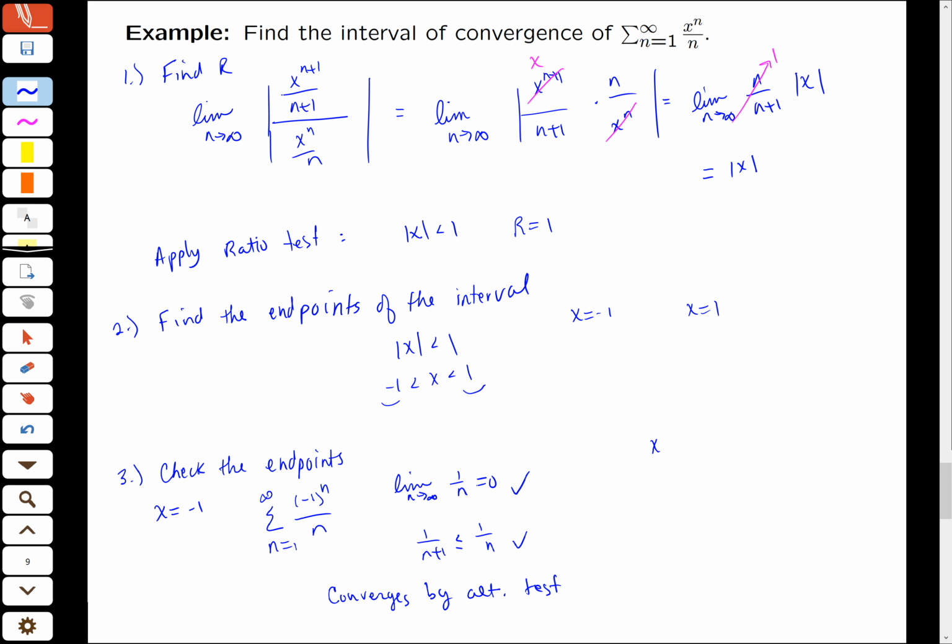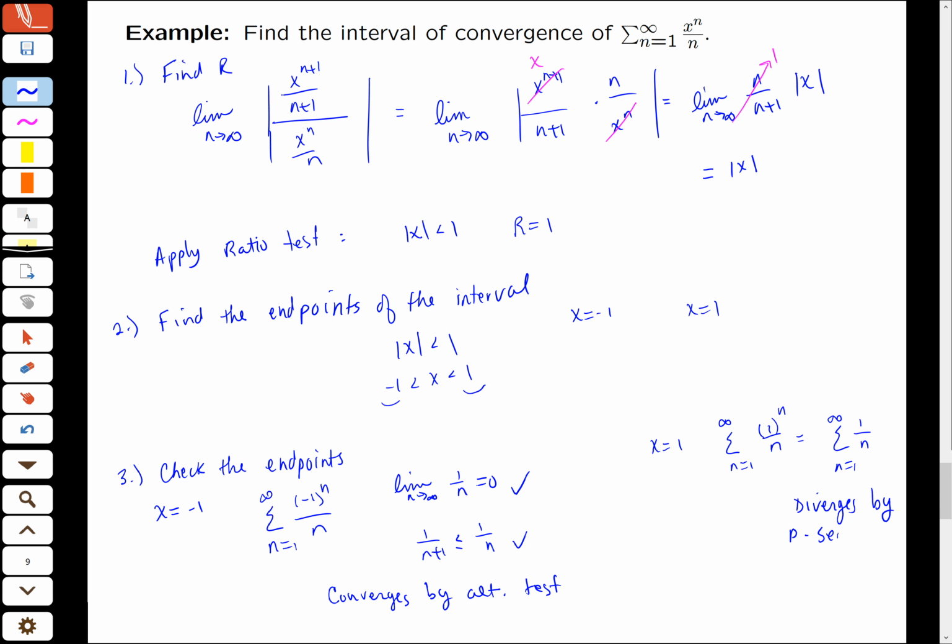Let's check x equals 1. That series is going to be 1 to the n over n, which is simply our series 1 over n. Converge or diverge? Diverges. Why? Yeah, by p series.